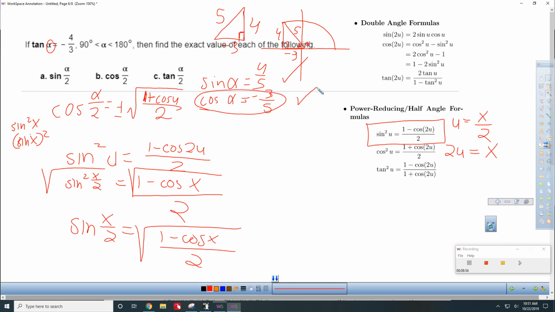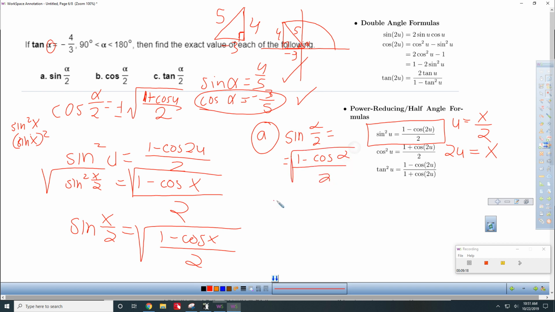So let's do part A. The sine of alpha over 2 will equal the square root of (1 minus the cosine of alpha) divided by 2.